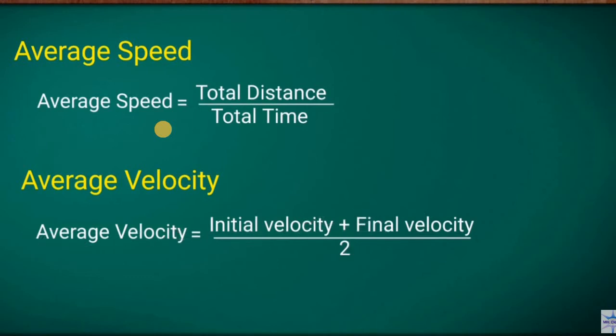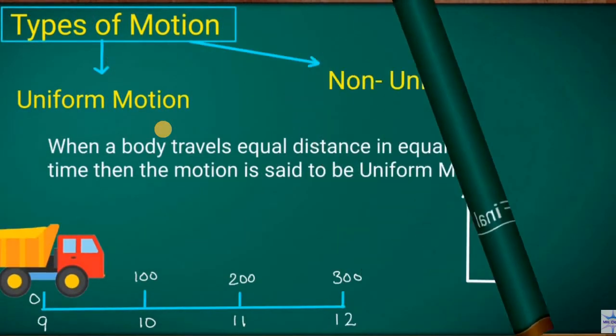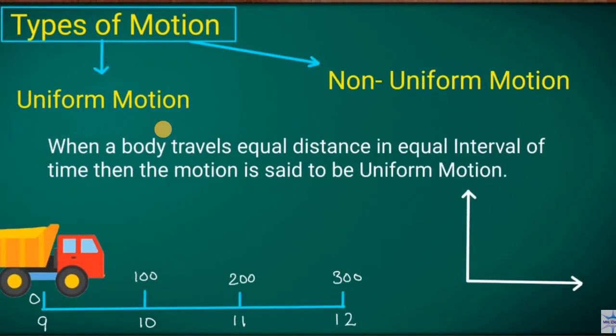Then we get the average velocity. These are both the formulas, average speed and average velocity. Initial velocity means the starting velocity, and final velocity means the velocity at the end, wherever the object has moved to.